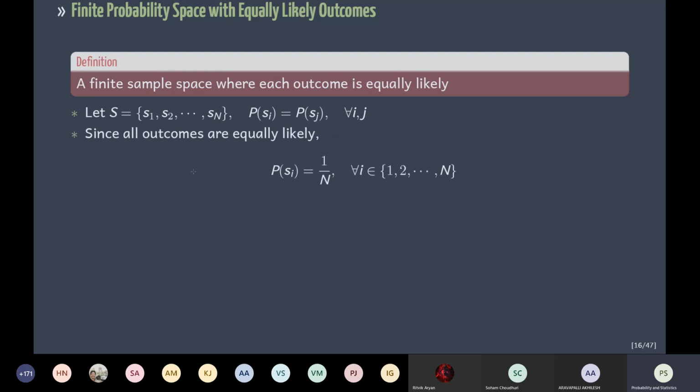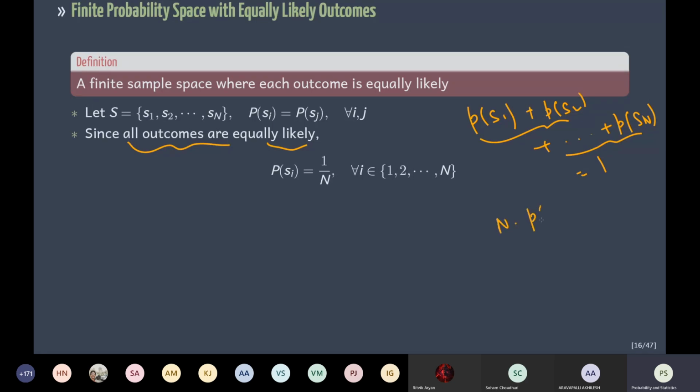Since all the outcomes are equally likely and their probabilities sum to 1, probability of S1 plus probability of S2 plus up to probability of Sn sum to 1. These are all the same, so we can pick any of them, and we have n times the probability of Si equal to 1.